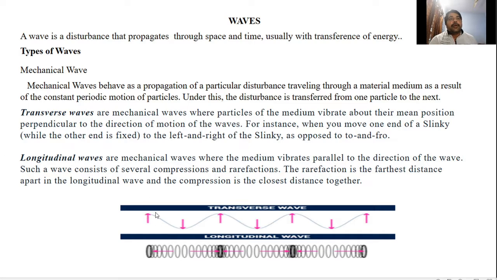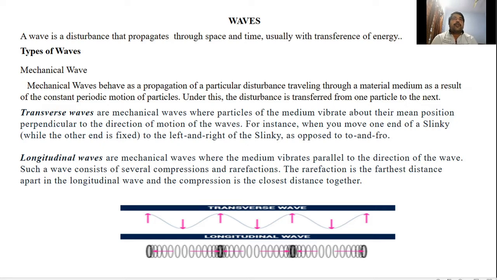Then the next particle starts vibrating about its mean position, and this particle transfers energy to the next particle. In this way, the energy is transferred from one point to another point. Examples are sound waves and seismic waves.